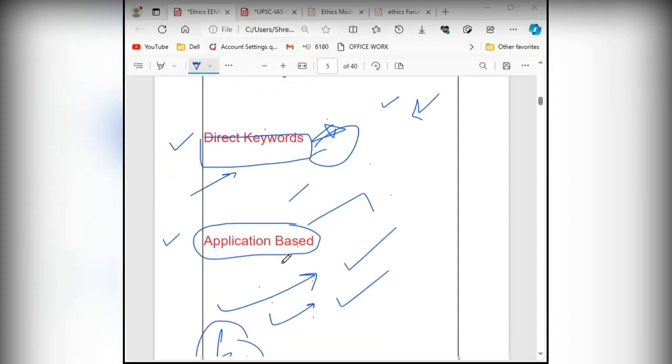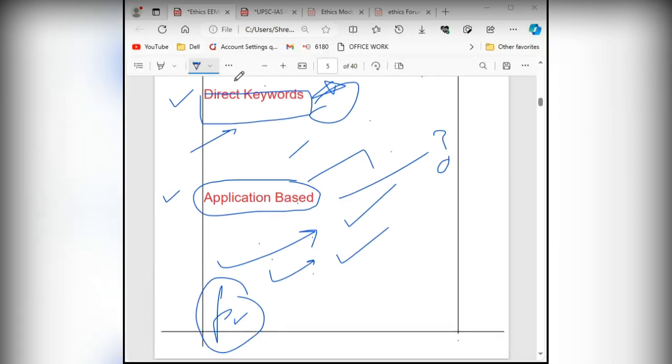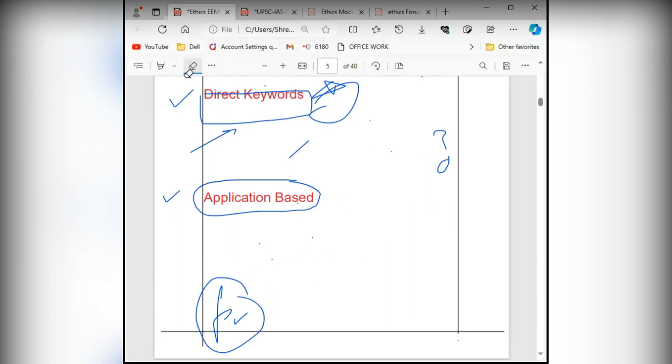All right. Now, if we discuss the application based question, what is application based? Application based questions can also cover case studies. Again, the case study is part of the application. Why so?